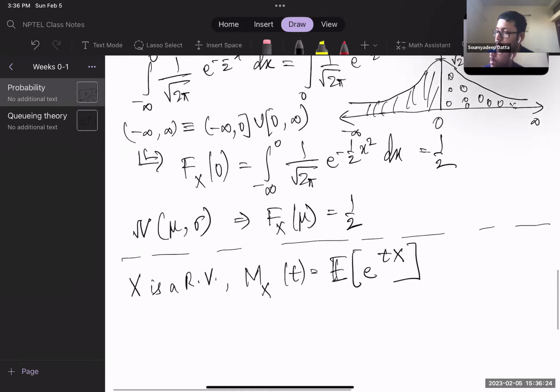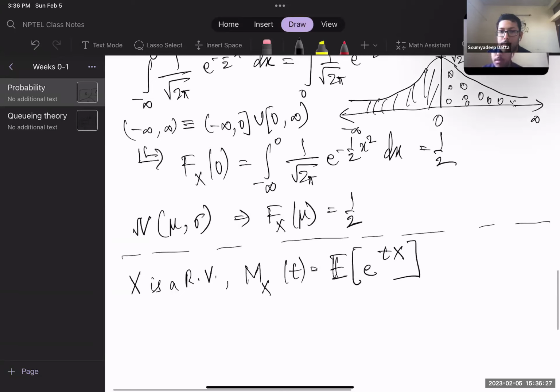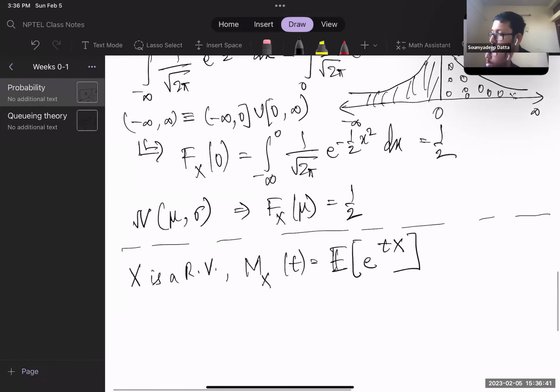So this is actually a characteristic of a random variable. You have definite formulae for each random variable, right? Let's say I'm still on Gaussians.